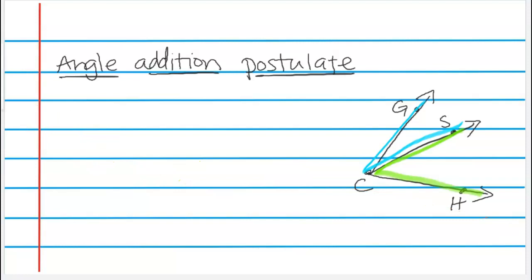And that is exactly the angle addition postulate. So I'm going to write an equation. I have the measure of angle GCS plus the measure of angle SCH equals the measure of the larger angle, GCH.